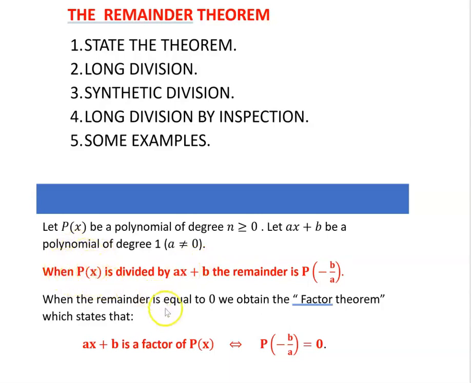And the theorem quite simply states that ax plus b is a factor of p of x if and only if the remainder is equal to 0, or if you like, if and only if the result of substituting minus b over a for x into p of x is equal to 0.